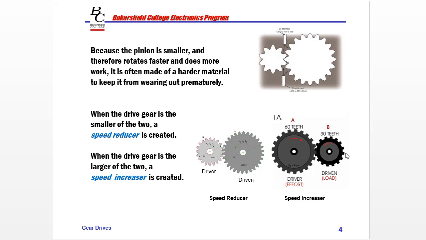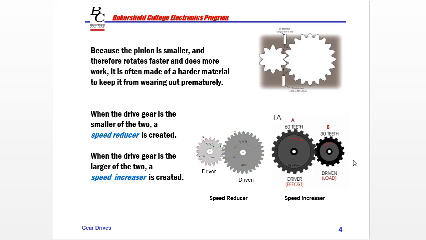Again, it doesn't matter whether it's on the driven or on the driver. We have 60 teeth on the driver gear and 30 teeth on the driven gear. So this pinion will work twice as hard. Each time its teeth mesh twice, the gear is only going to mesh once.